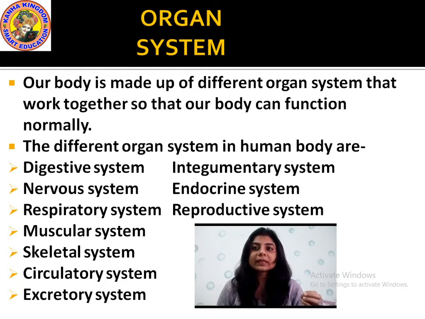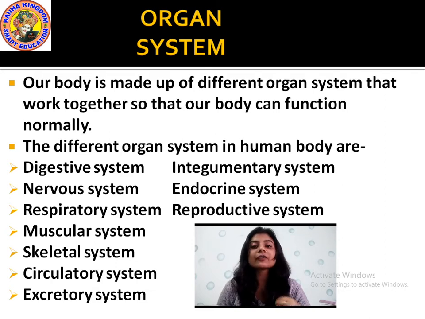Then comes the endocrine system. Endocrine means the organs that are present inside our body. Exo, E-X-O, means the organs or system that is present outside the body, and endo means something which is present inside our body that we cannot see.